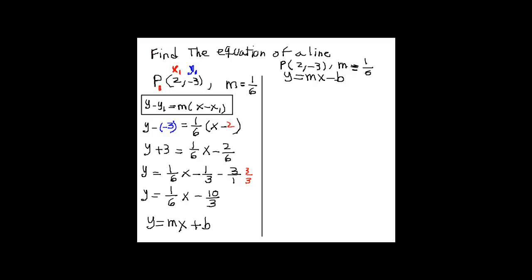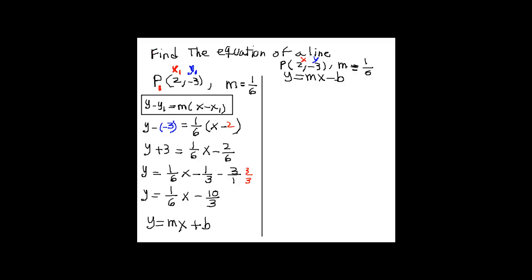Now in this case, 2 corresponds to the x, and -3 corresponds to y. So your x would be 2, your y would be -3.